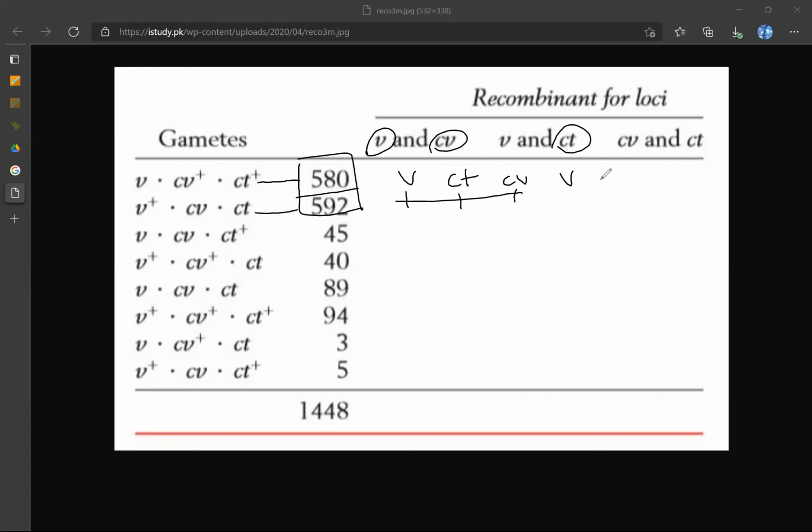And we have V with CT, or I guess you don't want me to rewrite it. So V with CV plus and CT plus. It depends on your preference. So this is one parent, the 580 individuals, and then the 592 individuals are V plus.